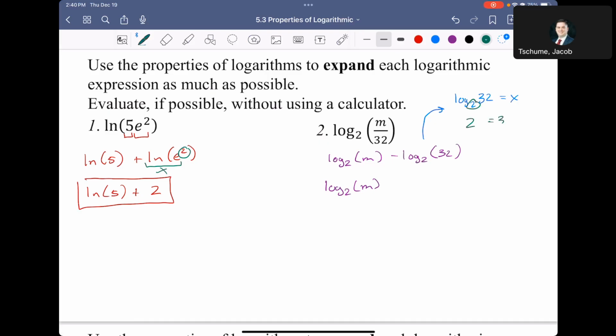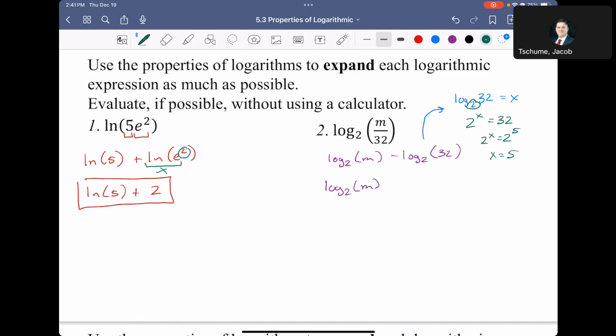So the 32 would go over by itself, and the x would come over to become the exponent. Then if you ask yourself, 2 raised to what number is 32, you can rewrite 32 as 2 to the 5th. Either way you do this, you find that x would end up equaling 5.